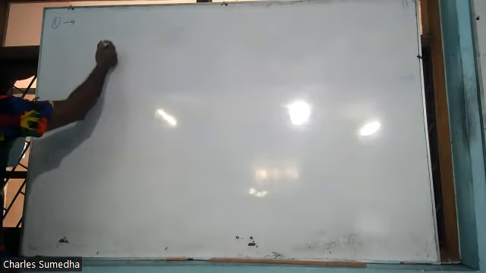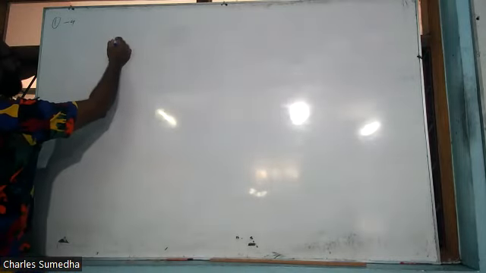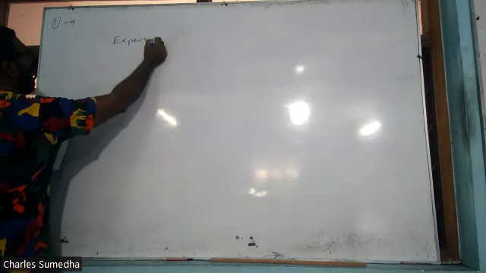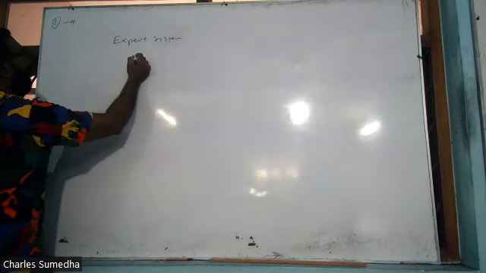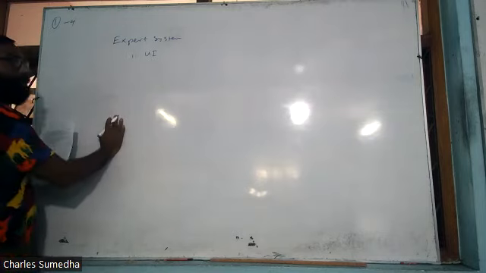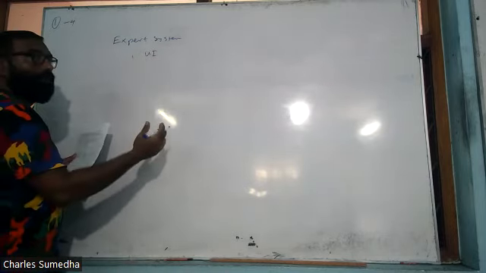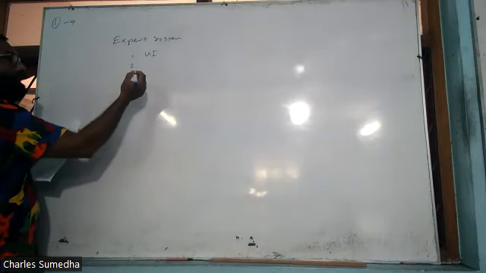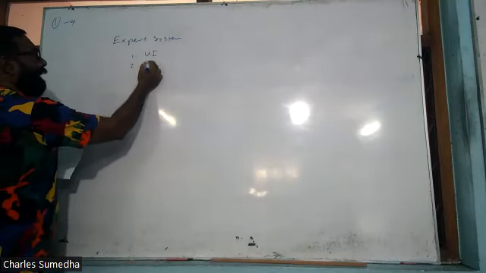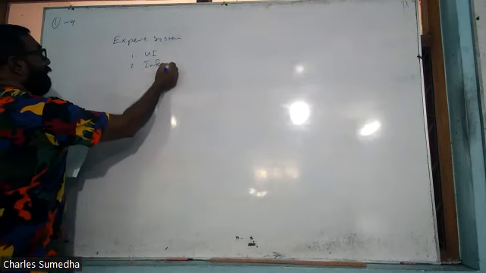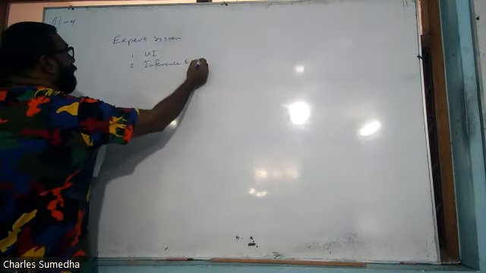Okay. So in an expert system, the user interface must be there. So that through the user interface, you can communicate with the system. Okay, user interface. Then we have discussed the inference engine.